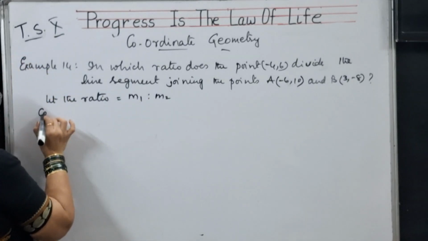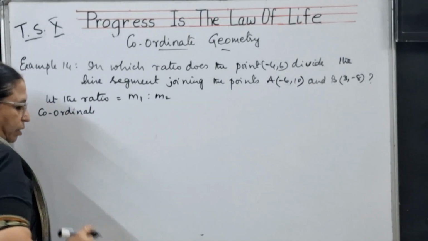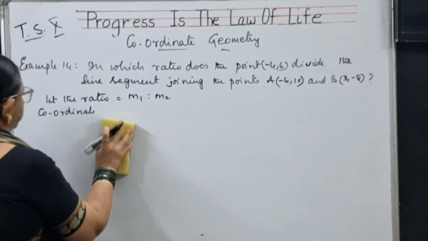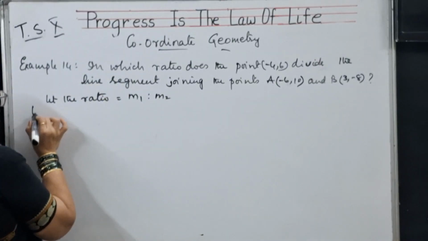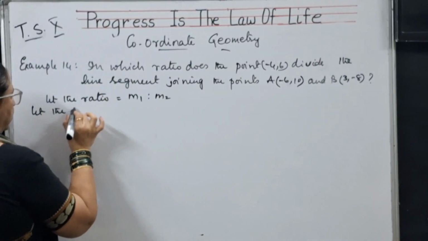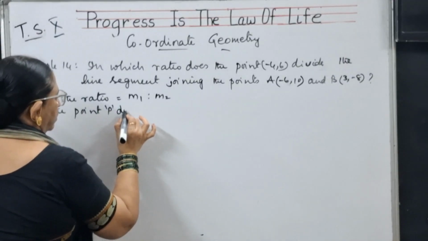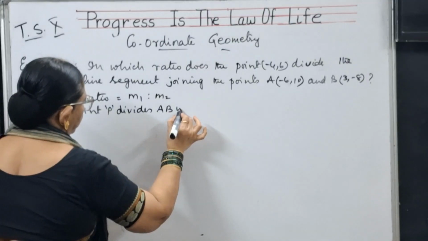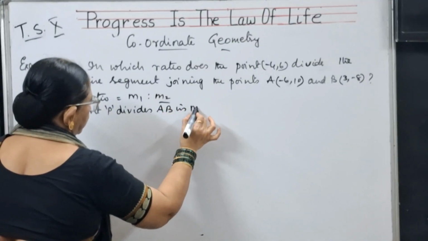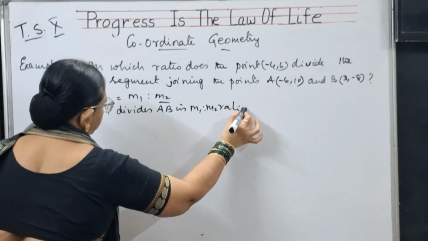So first let me write this. Let the point P divide the line segment AB in the ratio m1 is to m2. We are considering the ratio.